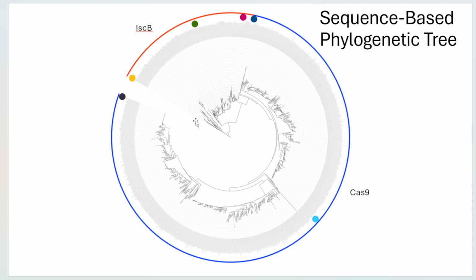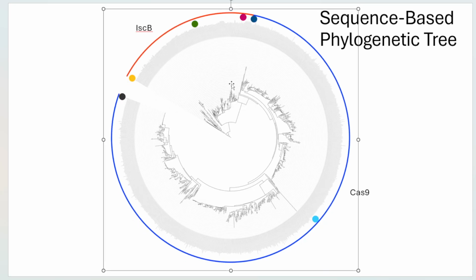What makes it really interesting is that you can clearly see that from here to here is all IscB, and there's this huge jump, so to speak, to a completely other clade here. See that right there? Right here. That's like a borderline that delineates where IscB and Cas9 are.